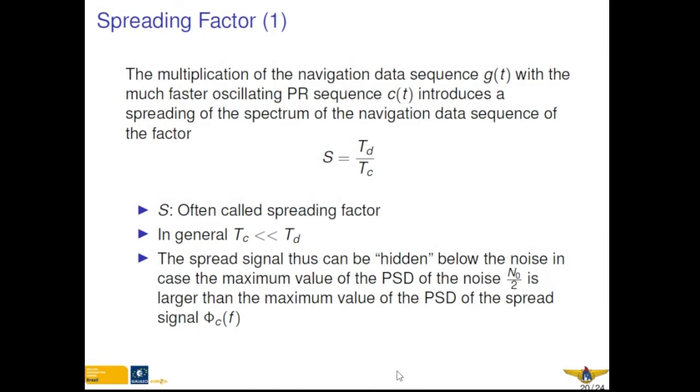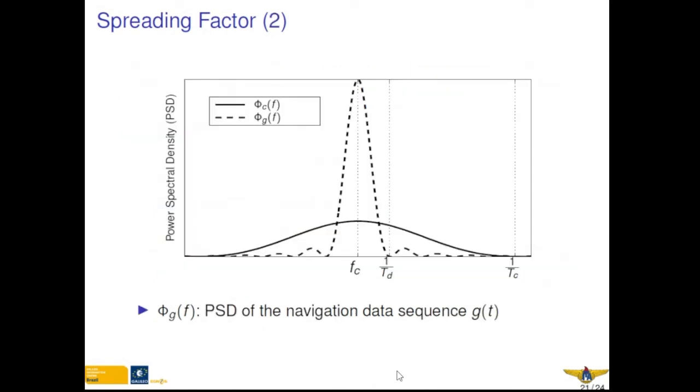Yeah, and here we can see this spreading in a schematic. We have the power spectral density of the navigation signal here, phi of g, as the dashed curve. We can see that it's much higher in its peak than the spread signal phi of c, which is the power spectral density of the spread signal. And you can now assume, for example, that the level of N0 would be around here, where my cursor is.